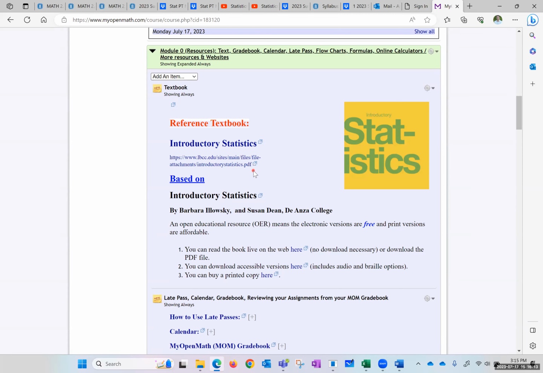If you really follow the information that I have with my PowerPoints and the PowerPoints in the homework of mom, you don't really need the text, but the text is here as a reference. Okay, so the advantage of this one is that it's easier to navigate. It's a lot easier to navigate. Going back to my open math, under module 0, the resources.